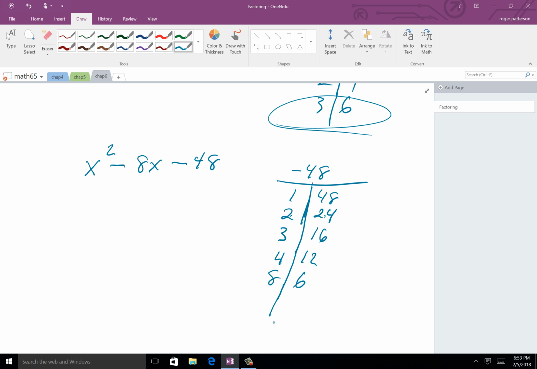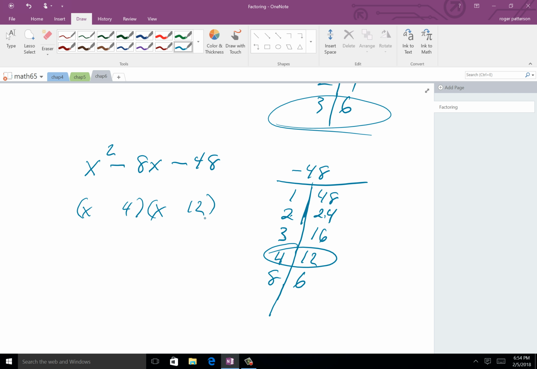Okay, so now we got to find one that works. Which one works? 4 and 12. That's our winner. x, 4, 12. Now we got to think about how this works, because this is a minus. So one of these is going to be positive. One of them's got to be negative. Positive times a negative gives us a negative.